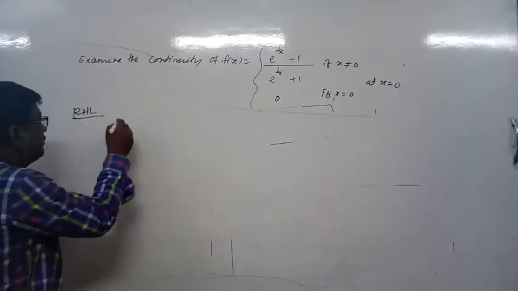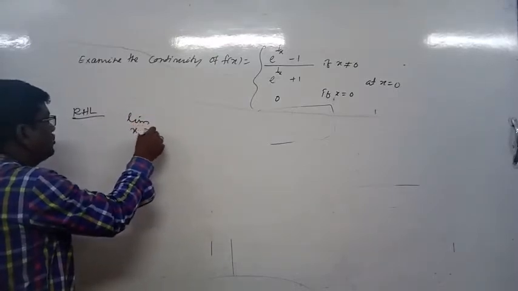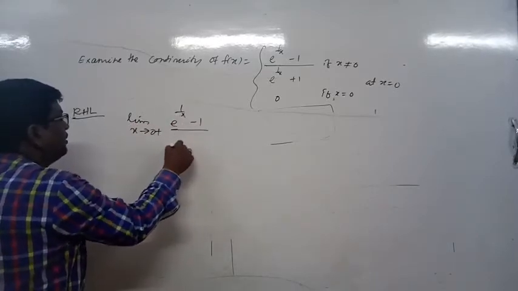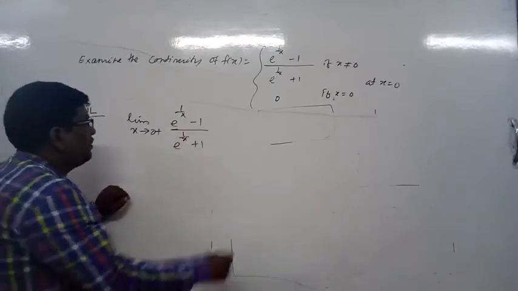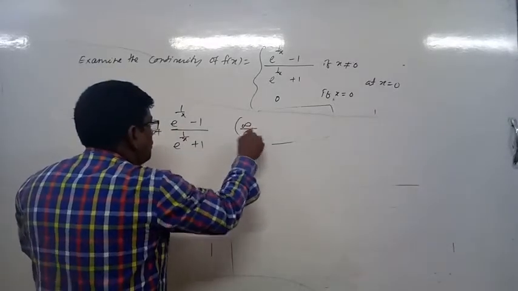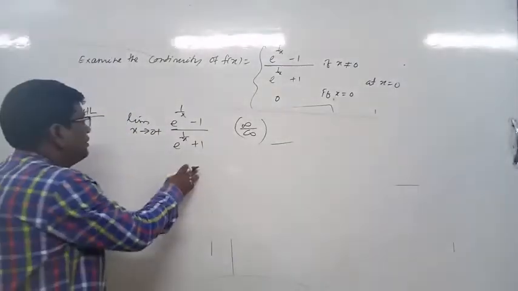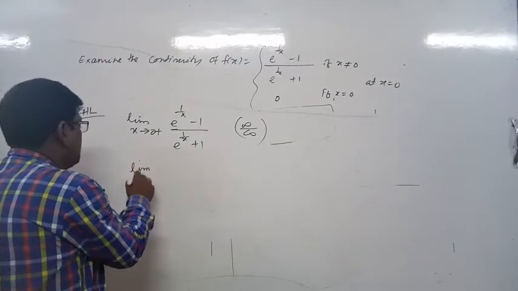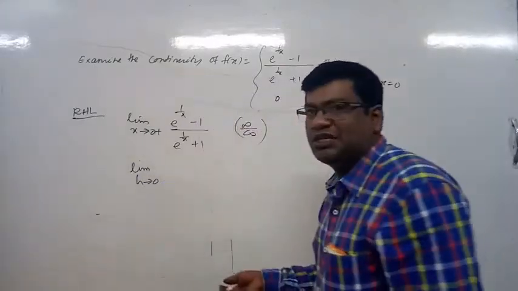Right, limit x tends to 0 plus e to the 1 by x minus 1 by e to the 1 by x plus 1. This is infinity by infinity form here, so we cannot put the value of the limit directly. Now limit x tends to 0, for RHL use the a plus h form.